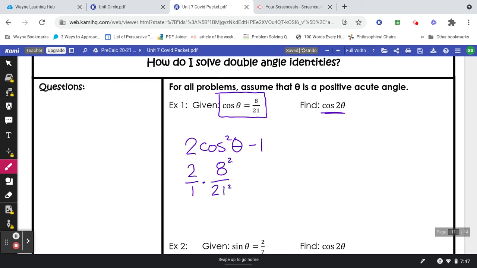We'll bring this down as 2 over 1. Then I'll just leave that minus 1 over 1 there. All of this part is going to be multiplied together. So 2 times 1, 8 squared is 64. 21 squared, type into my calculator, it's 441.